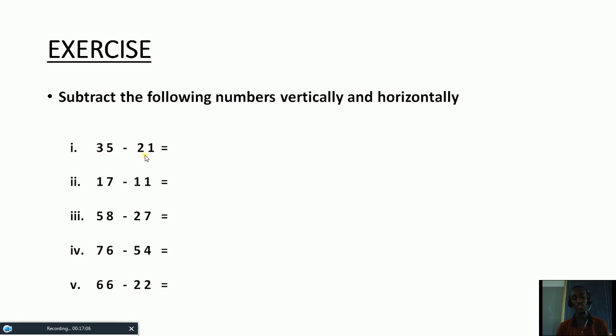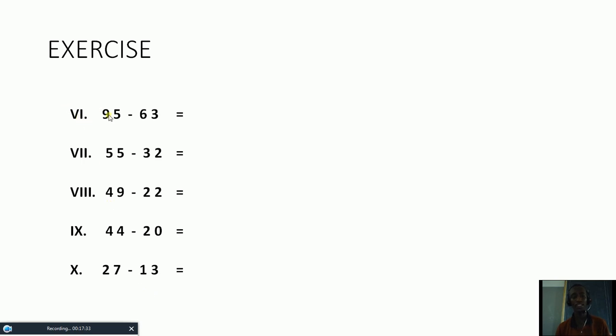Number 2 is 17 minus 11, number 3 is 58 minus 27, number 4 is 76 minus 54, number 5 is 66 minus 22, number 6 is 95 minus 63, number 7 is 55 minus 32, number 8 is 49 minus 22, number 9 is 44 minus 20, number 10 is 27 minus 13.